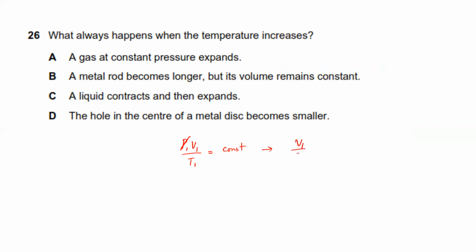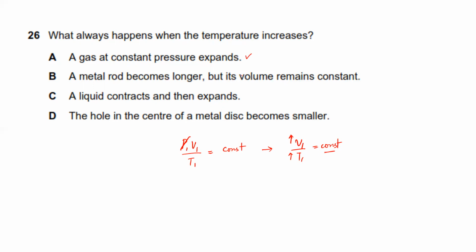So if temperature increases, we have to make sure that this value remains constant. So if T1 is increasing, V1 also increases, so that this constant remains the same. So the gas at constant pressure expands. So volume increases, the gas expands.